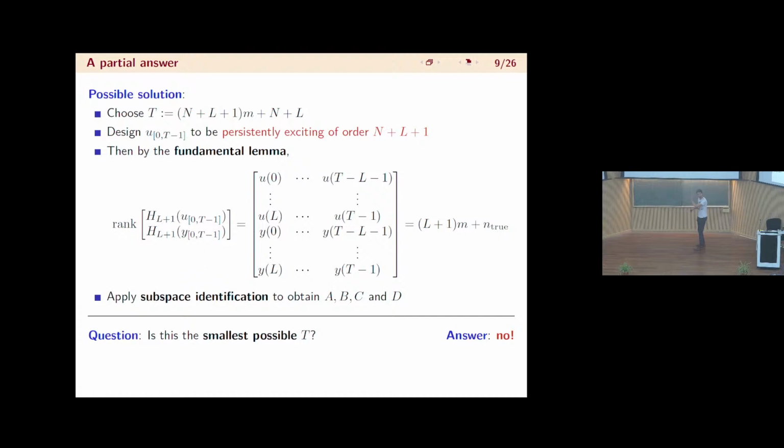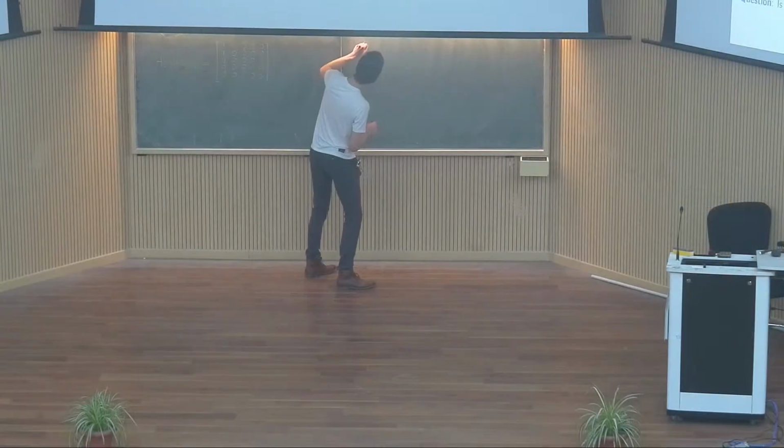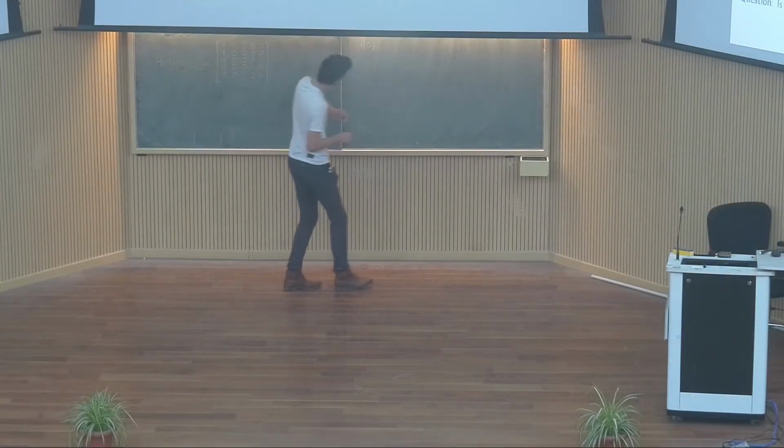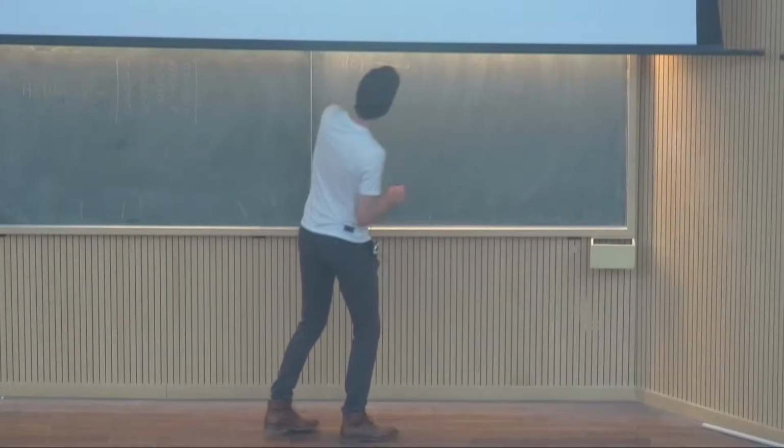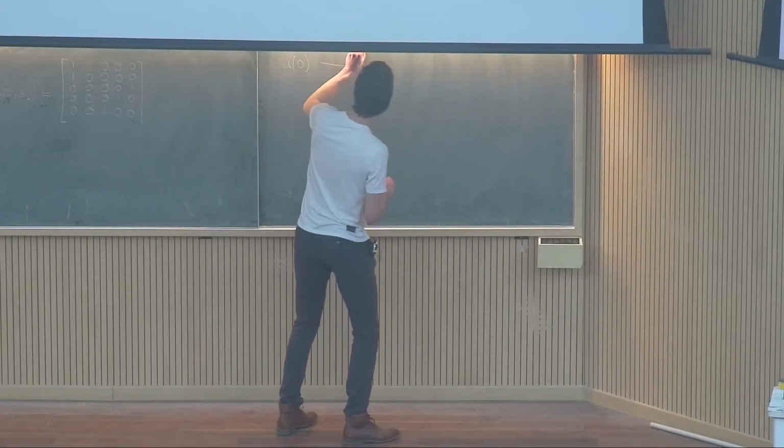The idea is going to be, in the rest of the lecture, to do the following. Instead of choosing these 9 inputs all at once, so that we have this persistency of excitation condition, I just choose the first input of my experiment, let's say U0. And then I apply U0 to my system.